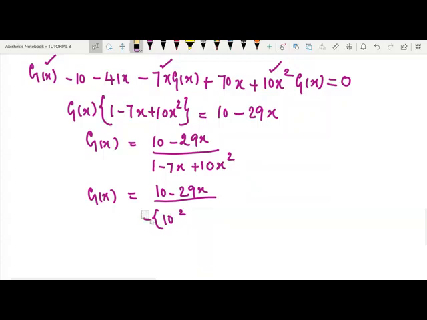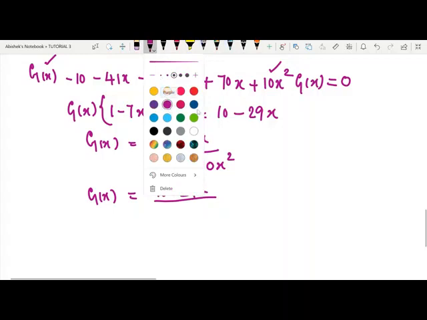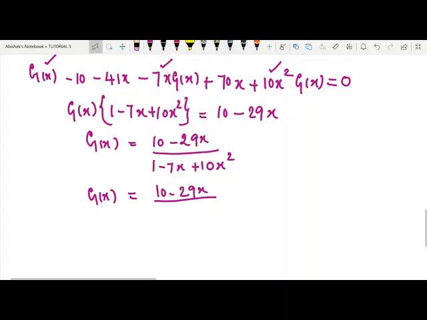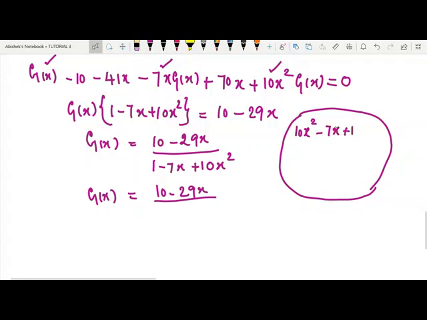We can factorize this one. That is, 10x square minus 7x plus 1, which is 10x square minus 5x minus 2x plus 1.